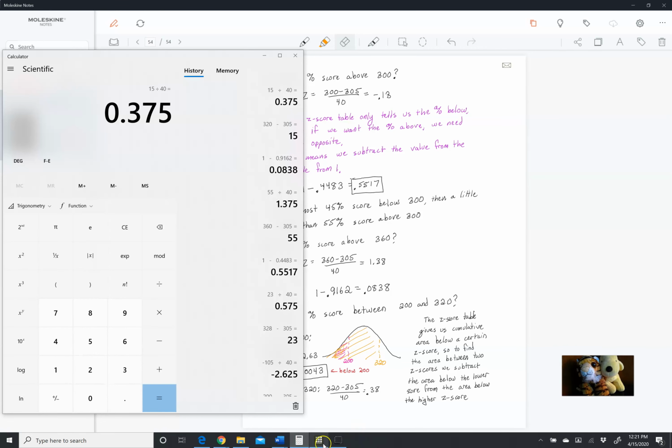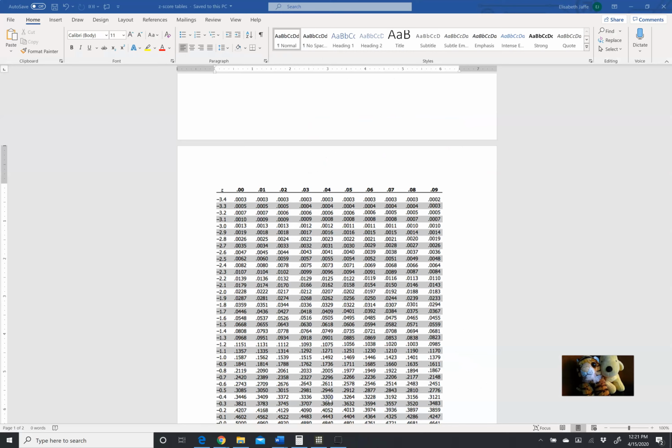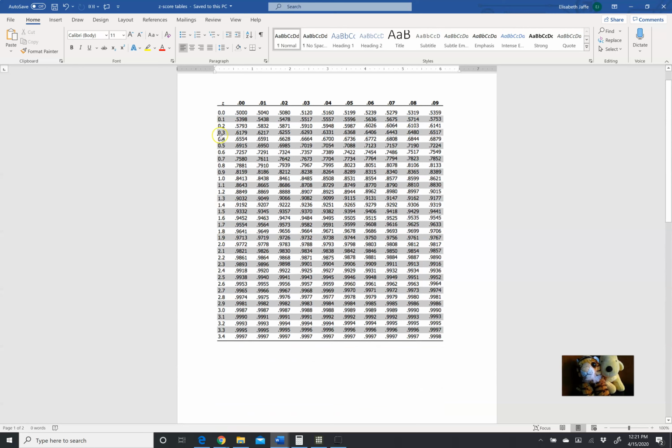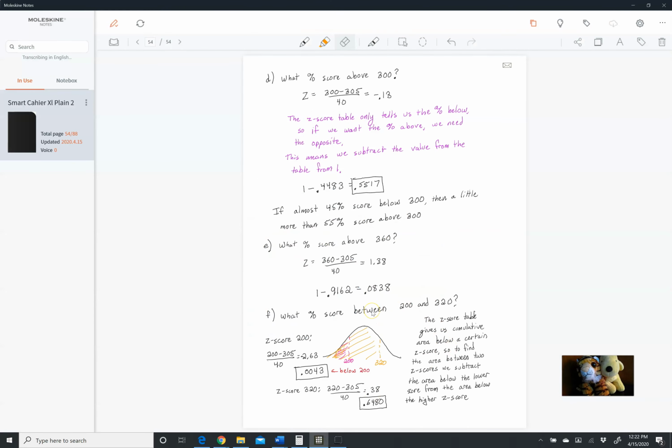So we go to our table again. And again, be careful. We're in the positives. We're at 0.38. And remember, if you're above, your percentage should be greater than 50%. So it should be a number greater than 0.5. So just keep that in mind to make sure that you're not making mistakes. So 0.38 gives us 0.6480. So this is for below 320.